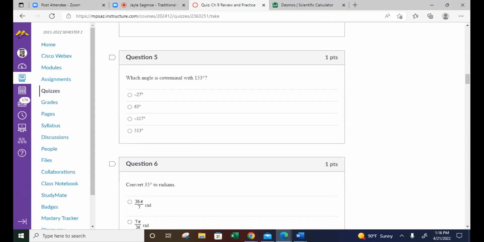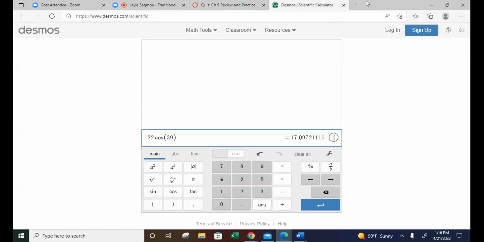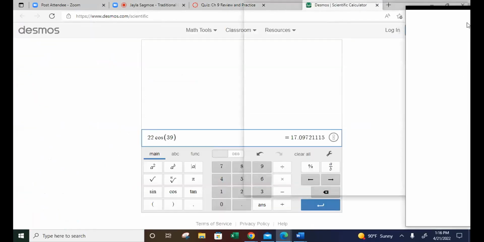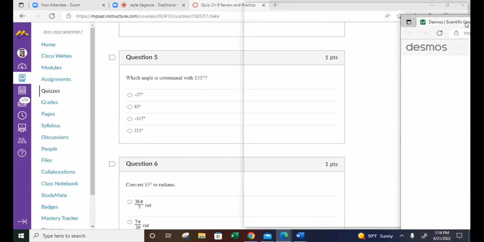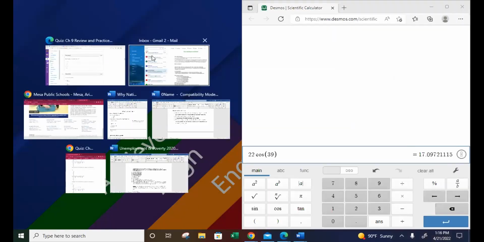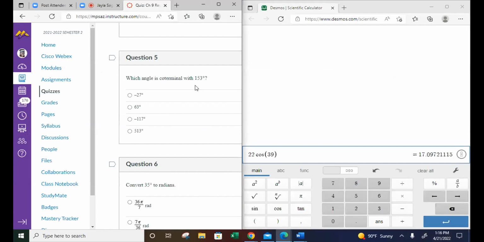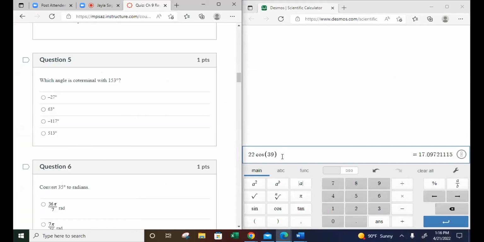Okay, so coterminal. Go ahead and make that Desmos Scientific side by side with your screen here. The next few we can do using that. You want to drag that to the middle right position. Good. All right. So the coterminal angle comes from adding or subtracting 360.